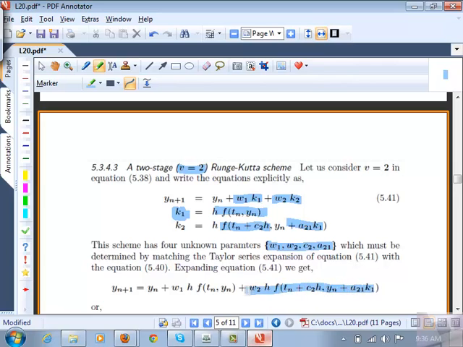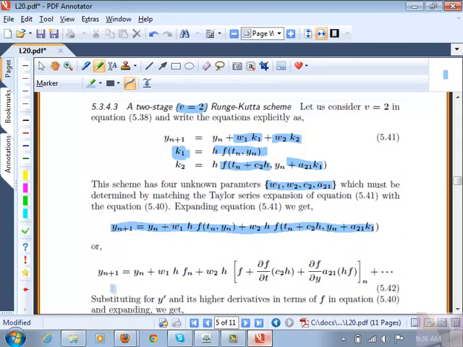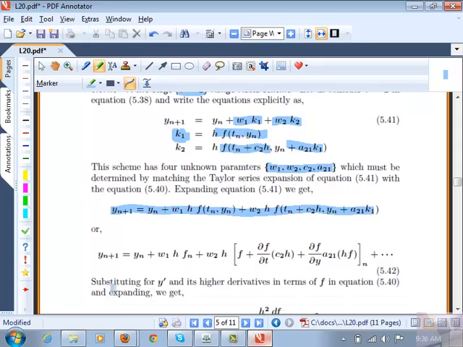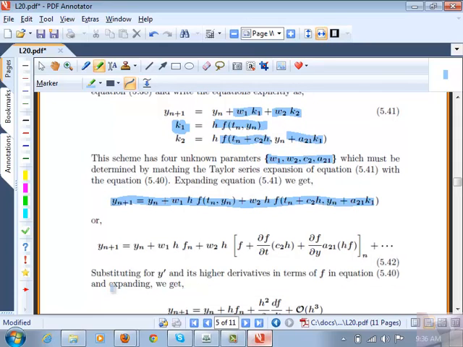So you'll have the function evaluated at t_n, y_n, that is that, and then df/dt multiplied by the perturbation in that, which is C2 h, plus df/dy_n multiplied by the perturbation in that, which is A21 times K1, but for K1 I'm already substituting h times f. Okay? Now obviously there are other terms in the series inside that. Okay? So I'm going to just indicate that as a series expansion.